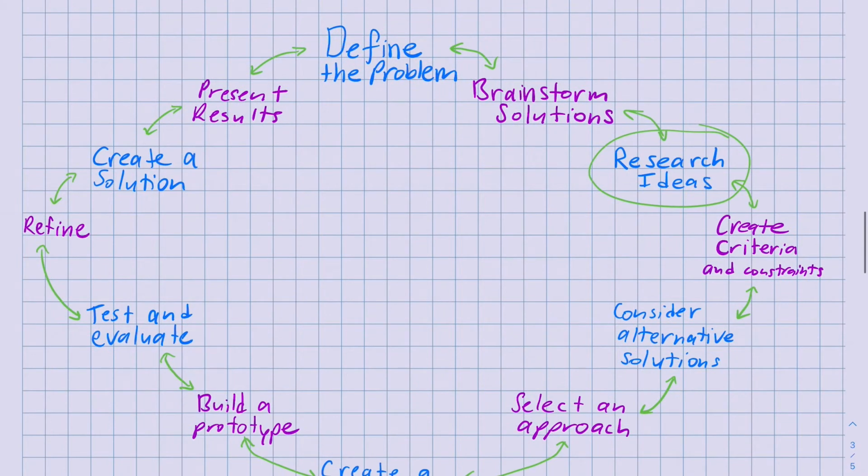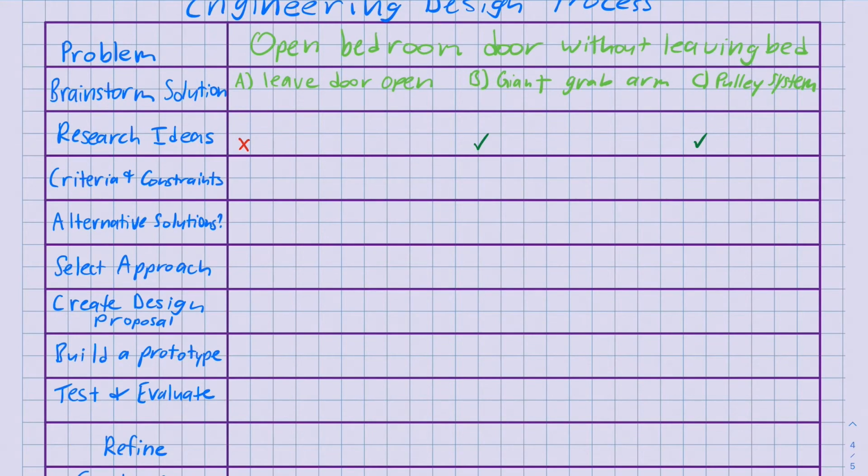So our next step is to create criteria and constraints. We've kind of already covered this, but let's look at it again. So for the first one, it was the fact that the door needs to start shut. Just that easy.